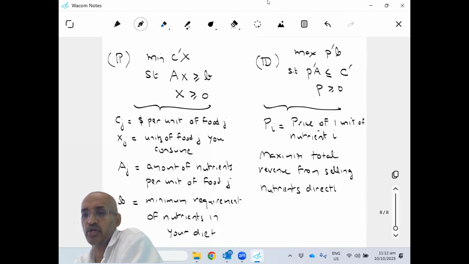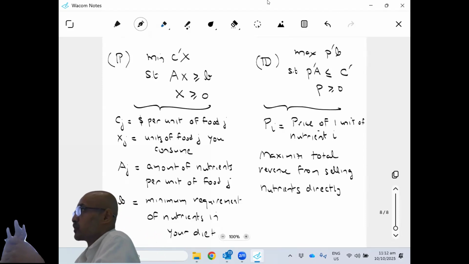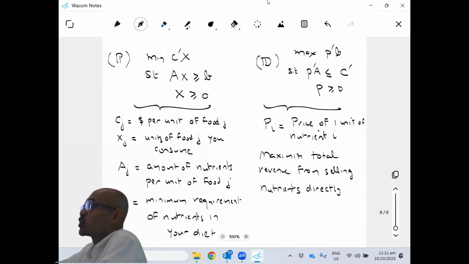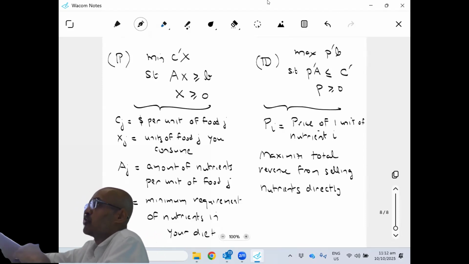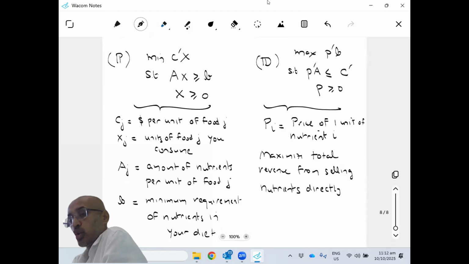And the question is, why would somebody buy this instead of consuming noodles? Of course, this is a hypothetical situation. If I told you I can give you some amount of protein, some amount of carbohydrate, some amount of vitamins, and so on, and you are willing to consume this, why would you do this? Your constraints tell you when.